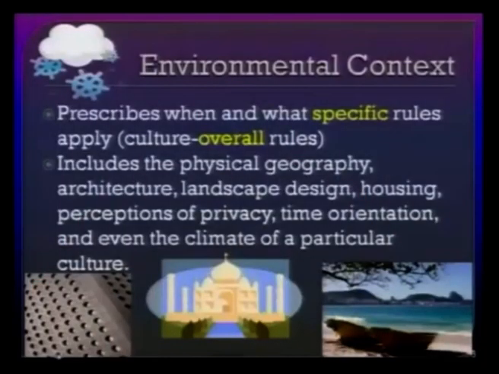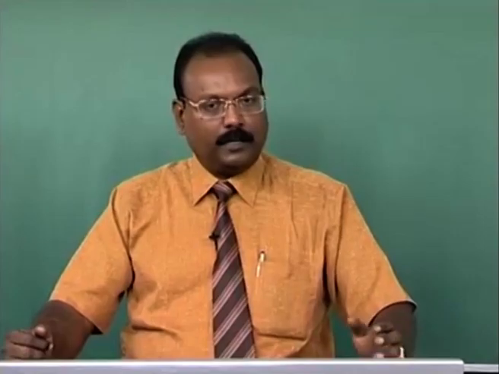Housing: where to keep people, how many houses you will give them, in which place, etc. Perceptions of privacy: can you intrude on somebody late at night? Is it okay to call somebody at 12 o'clock midnight, and so on.